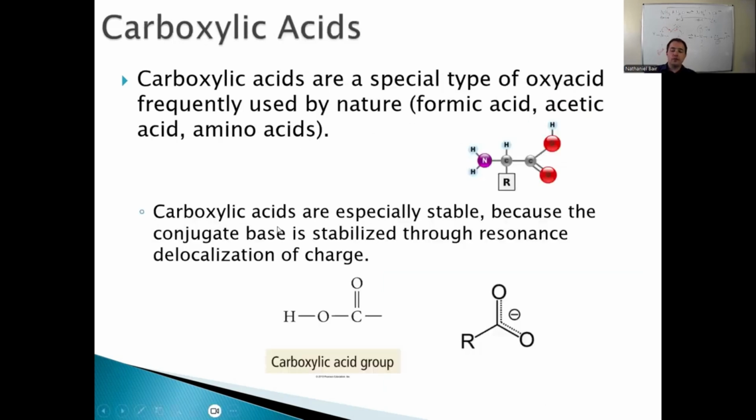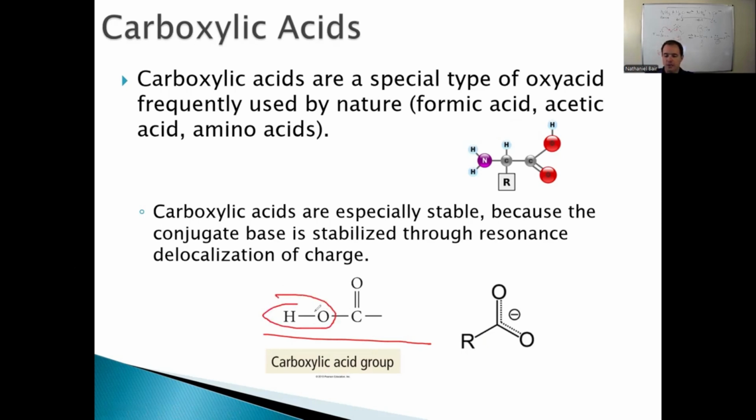Nature has an incredibly important oxyacid. This is what's called a functional group in organic chemistry or biochemistry, and that functional group is called a carboxylic acid. A carboxylic acid has this general form where you have a carbon double bound to an oxygen, and it's singly bound to another oxygen, and that oxygen is bound to a hydrogen.